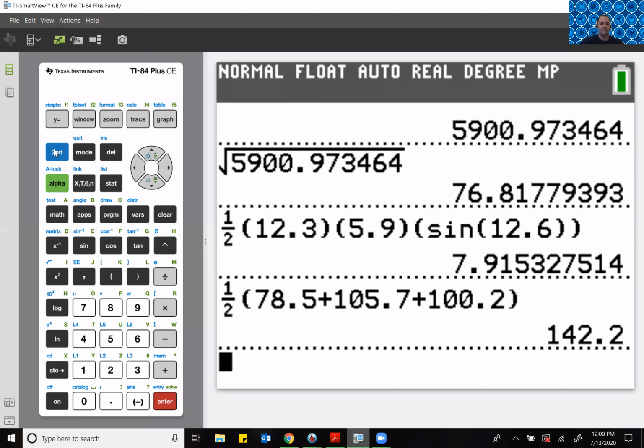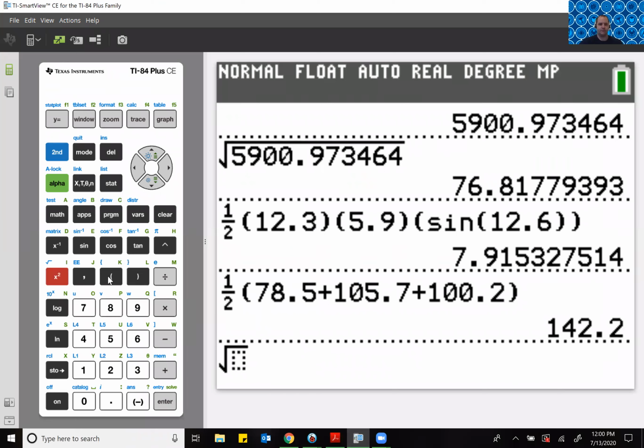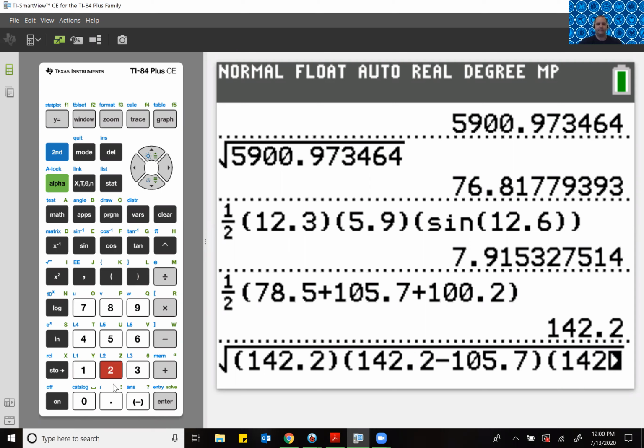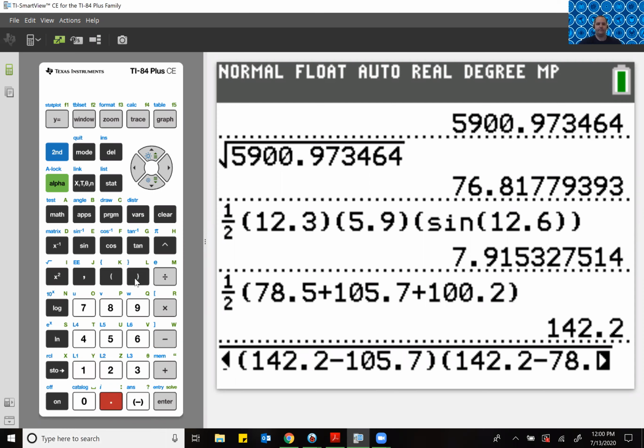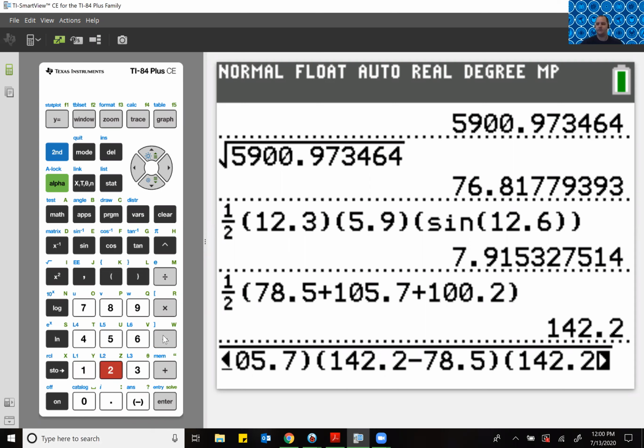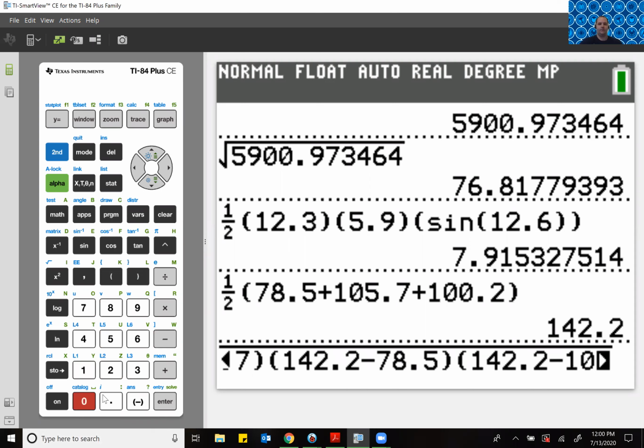All right, so second square root, and 142.2, and then 142.2 minus 105.7, 142.2 minus 78.5, 142.2 minus 100.2.